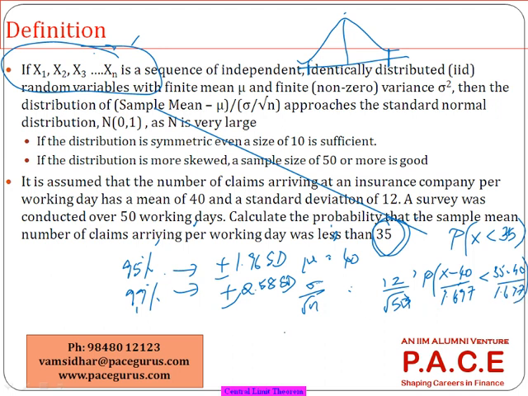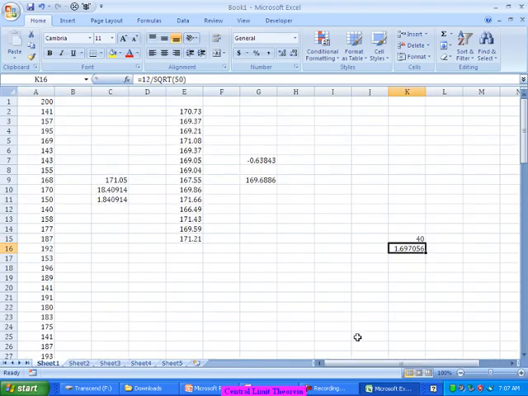So this is nothing but a standard normal distribution: z less than 35 minus 40 divided by 1.697, which works out to minus 2.94. What is the probability that z is less than minus 2.94? I can look in the normal distribution tables.